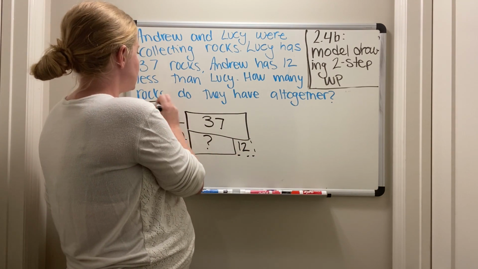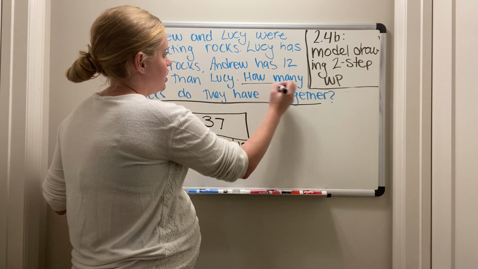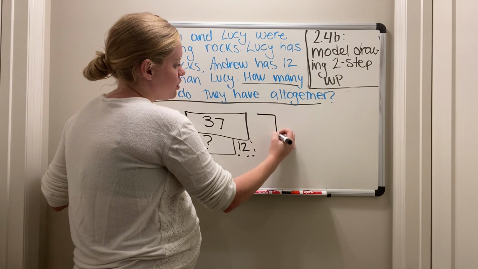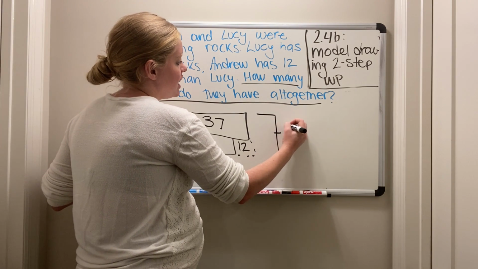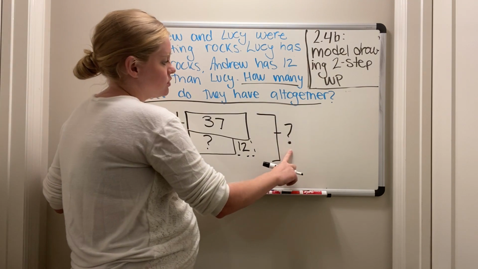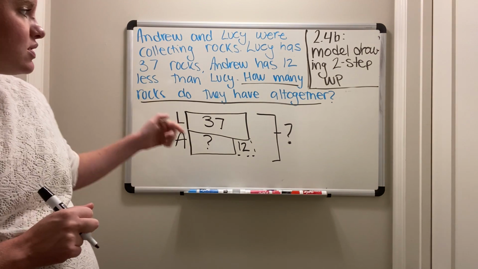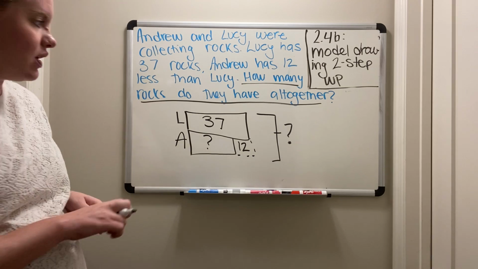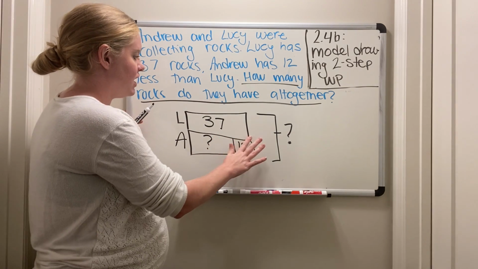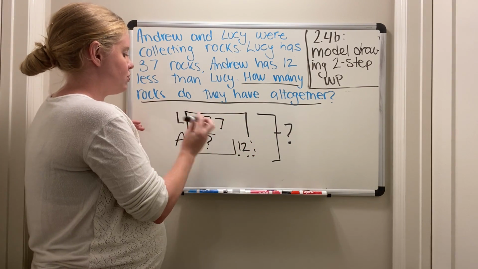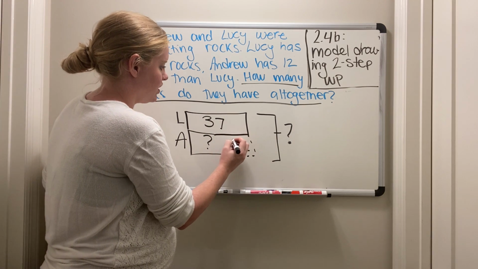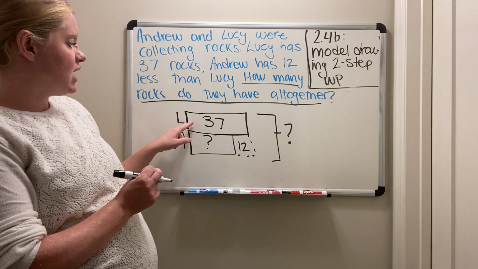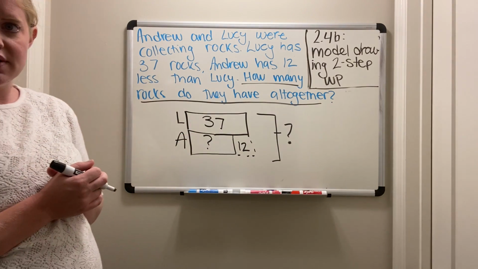When we're looking for a total of two people, but we have a comparison model, we're going to put our bracket over here, and our big question mark is going over here, because we're really answering how many rocks do they have altogether. But first we need to figure out how many rocks Andrew has. It's pretty lopsided, right? Okay, so how would we figure out how many rocks Andrew has?